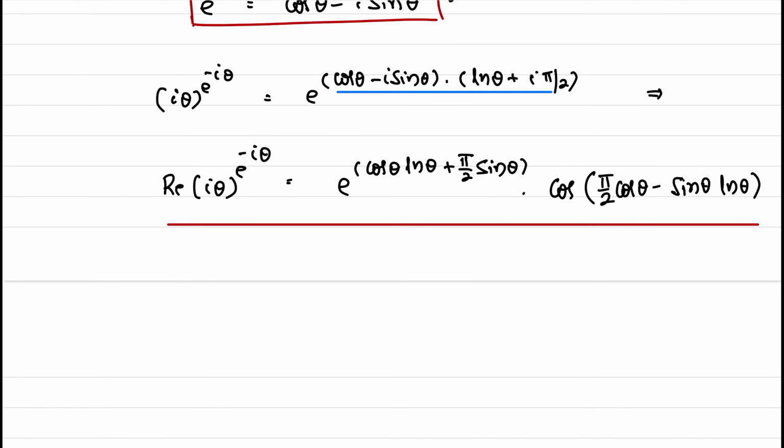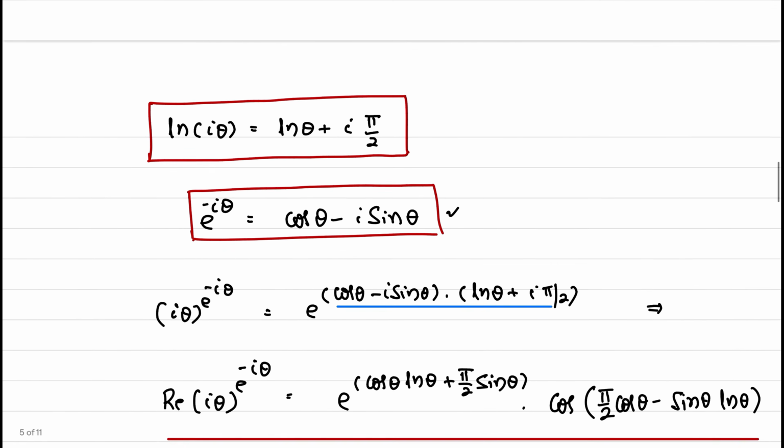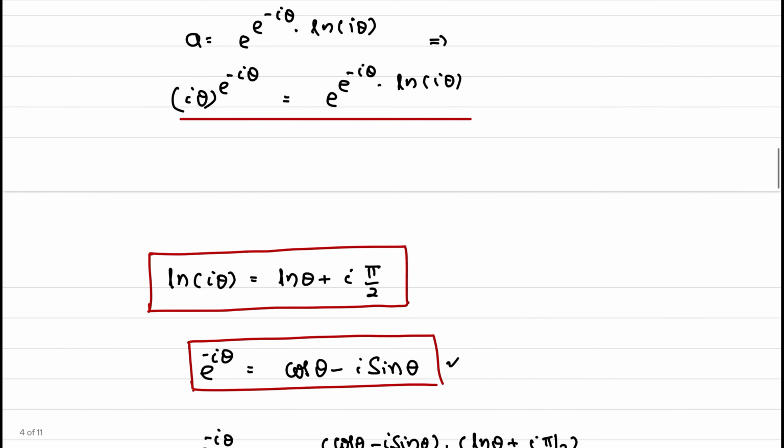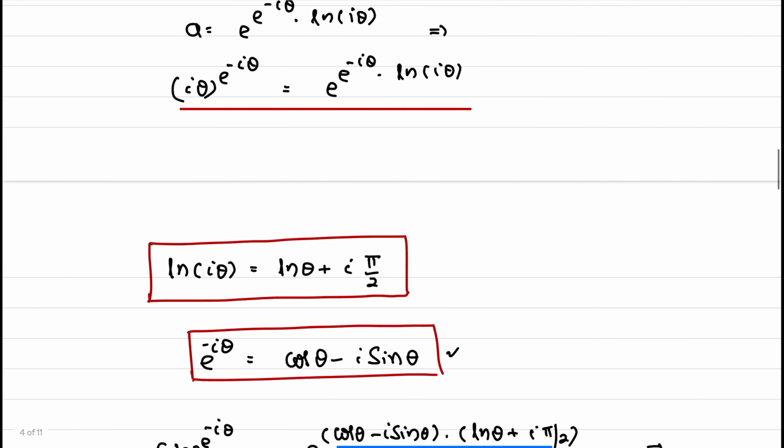Again, cross verify one by one. e to the power of minus i theta is cos theta minus i sin theta. ln i theta is equal to ln theta plus i pi by 2. Then e to the power of minus i theta into ln i theta: the exponent only we are multiplying. This is the exponent.